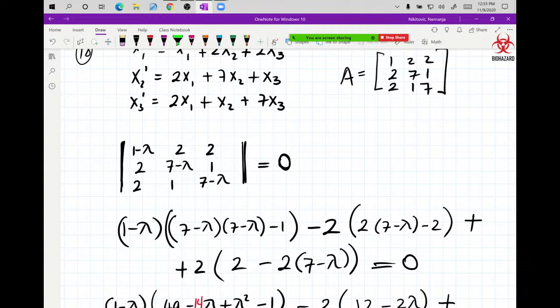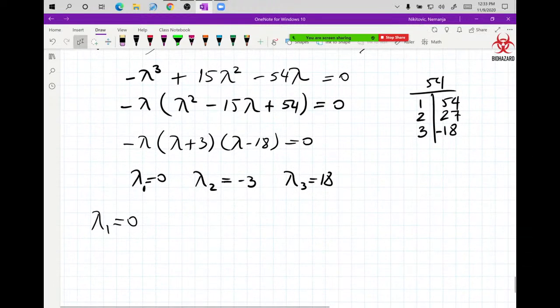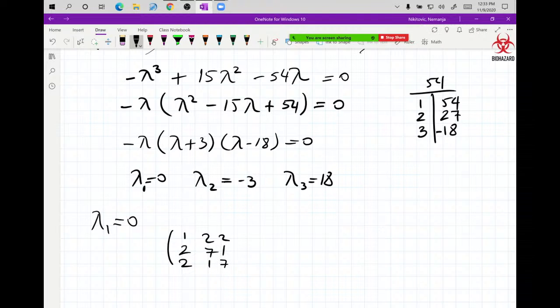So we are technically getting our original matrix back, which was 1, 2, 2, 2, 7, 1, and 2, 1, 7. And we are multiplying that with ABC to give us 0, 0, 0.